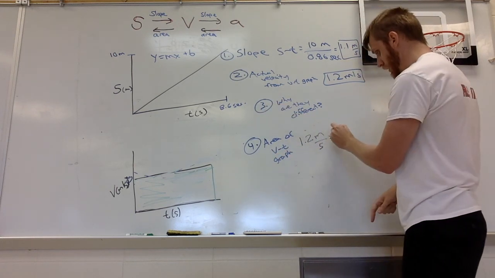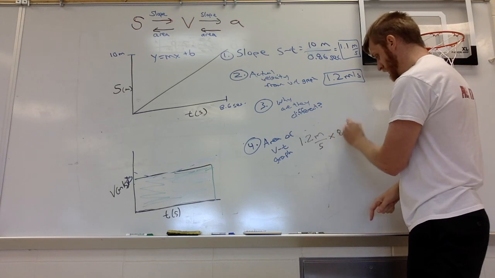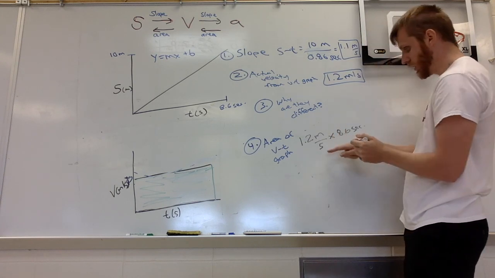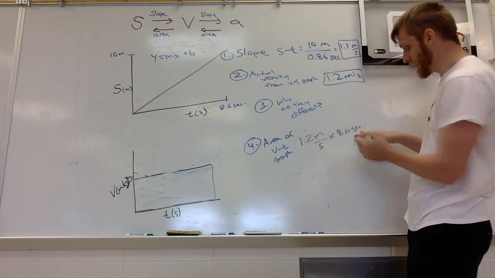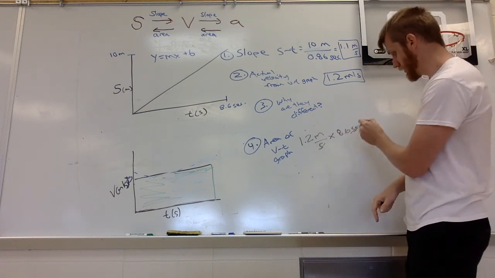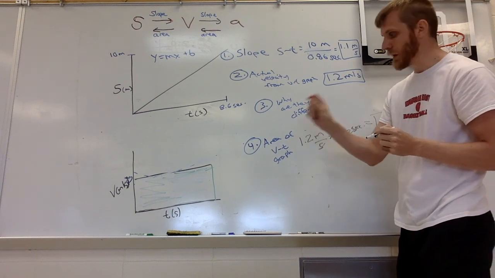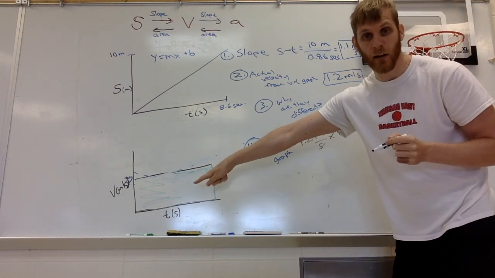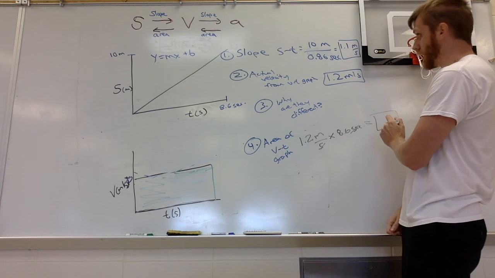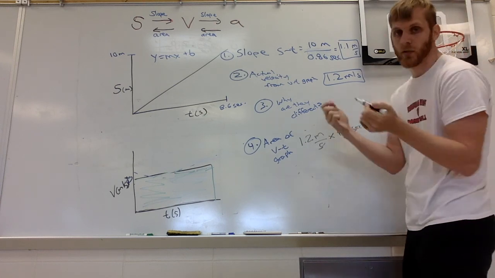It was 8.6 seconds. Oh look, unit analysis. Seconds cancels out with seconds. We're left with meters. It's going to give you some value in meters. So for question 4, I'm going to write down how many meters it traveled according to this graph here. 10, I don't know, whatever.